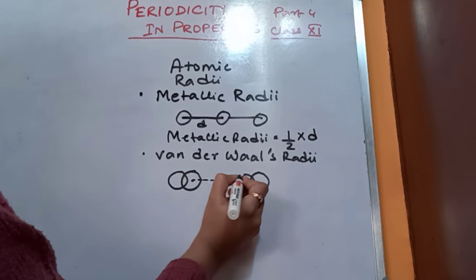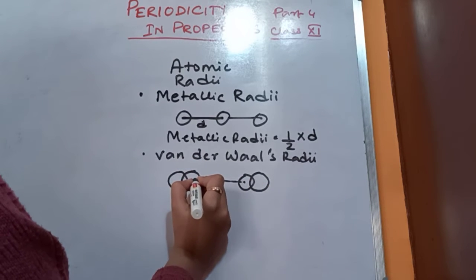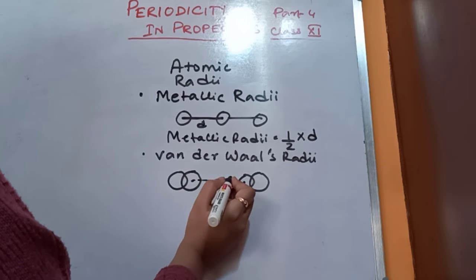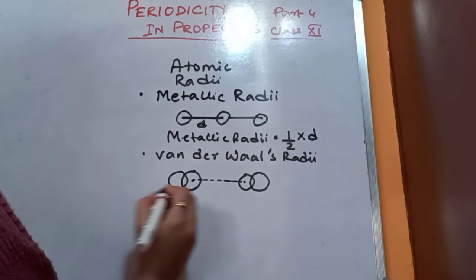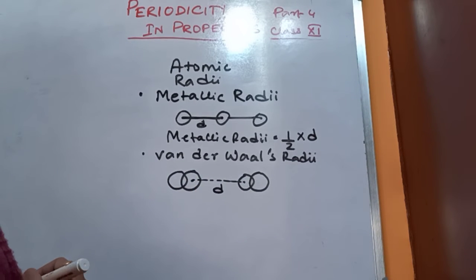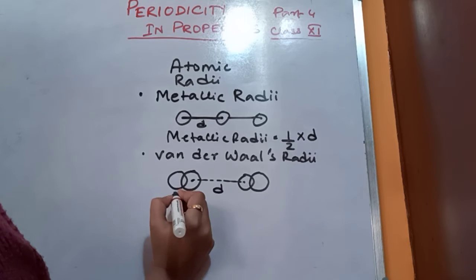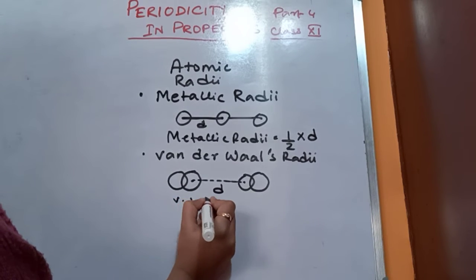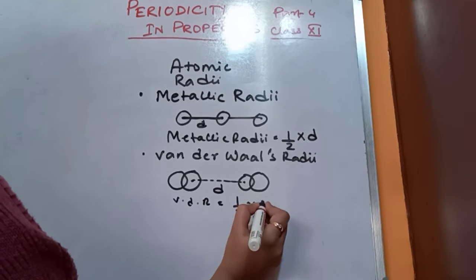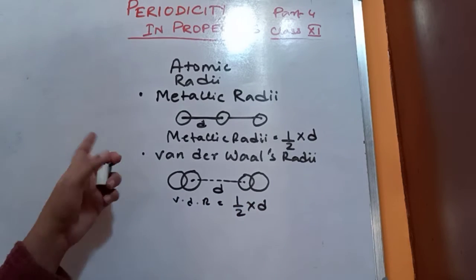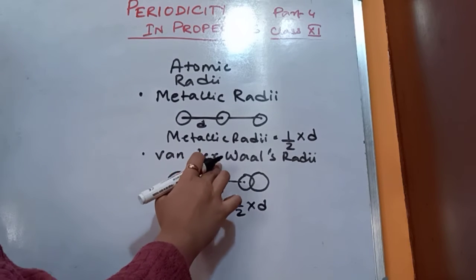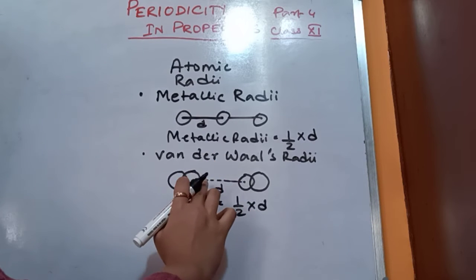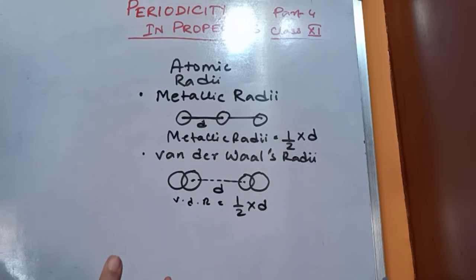For van der Waals force, there is no bond formed between the atoms, and this distance is considered as the internuclear distance. So the van der Waals radius will be half this internuclear distance. Just remember that metallic and covalent radii are formed by direct bonds, but for van der Waals radii, the radius is calculated between non-bonded atoms.